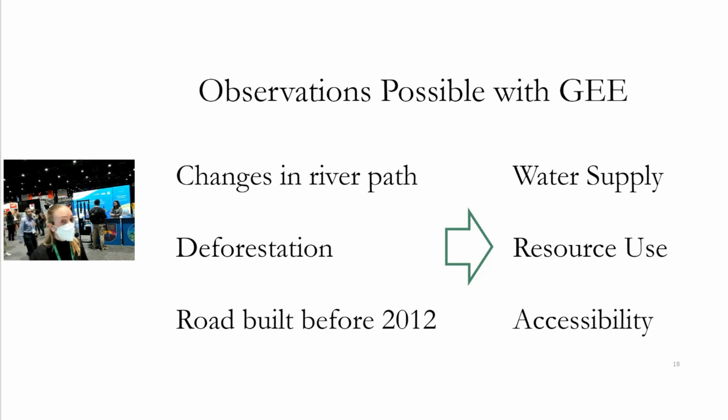This has really big implications for accessibility to markets and supplies. If you're thinking about designing something, you need to think about how we get the supplies to the location that we're designing in. But a road can also be an indicator of other socioeconomic changes in the region. So it can be really important to pin down when it happened, so then you can start asking questions about it.